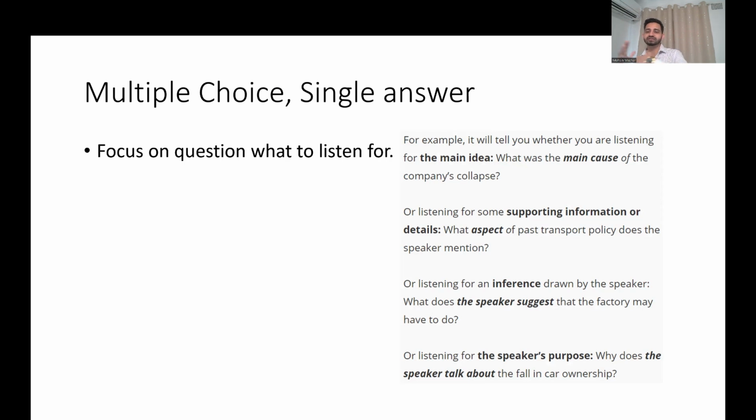What does the speaker suggest that the factory may have to do? Conclusion, inference, implication, okay? Or you might be listening for the speaker's purpose. Why does the speaker talk about the fall in car ownership? What's his purpose? Okay, so again, main cause, supporting detail, inference, or the speaker's purpose.